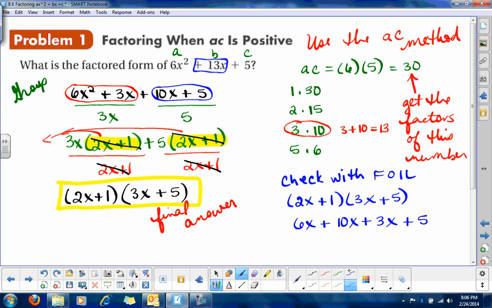And if you'll notice here, look, there's my 10x plus 3x. And then, of course, we can simplify. So this is going to be 6x squared plus 13x plus 5. And that is what we started with. So our final answer is correct.